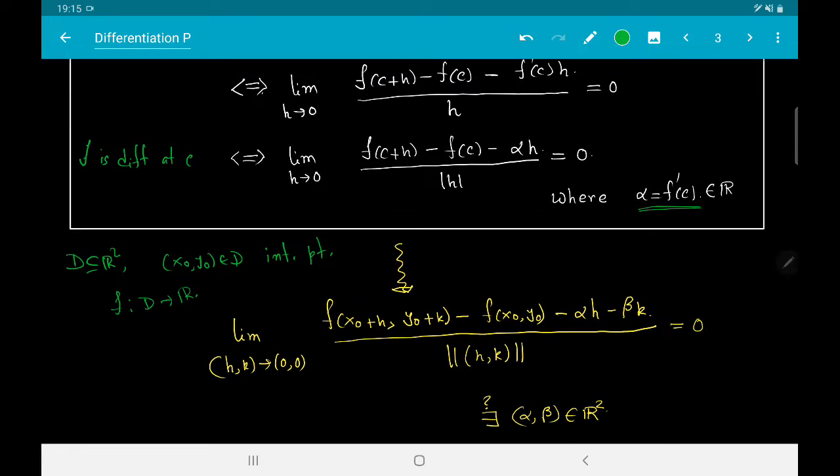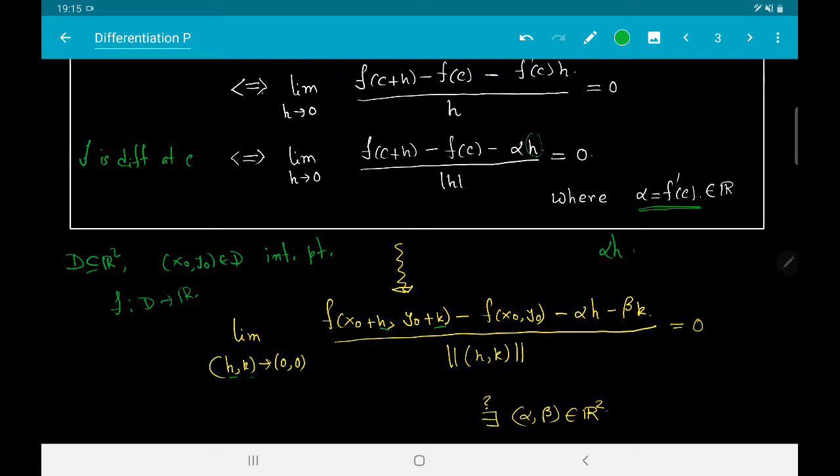Of course the first term needs to be f of (x0 plus h, y0 plus k) minus f of (x0, y0). Here we had one variable, h, and now we have two variables, h and k. We just replace the expression alpha h by alpha h plus beta k.